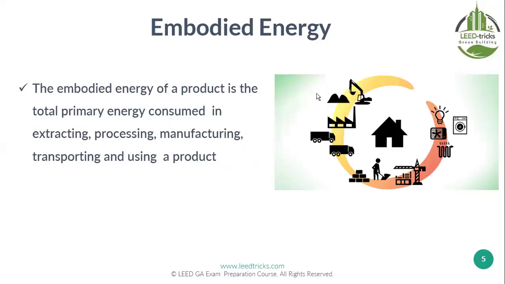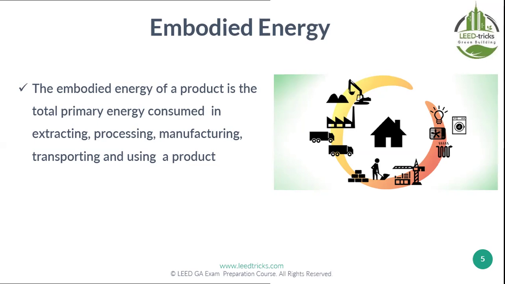Embodied energy of the product is the total energy consumed in extracting, processing, manufacturing, transporting, and using material or product. So embodied energy is the energy you spend through the life cycle of the product. Clear? Very important when you do life cycle assessment or analysis. When you do life cycle analysis, embodied energy is one of the basic concepts you need to know.